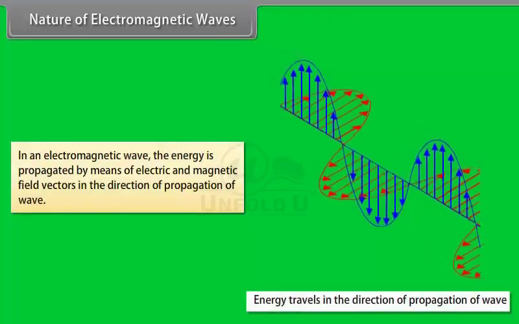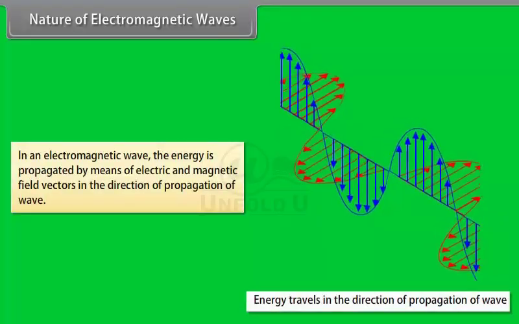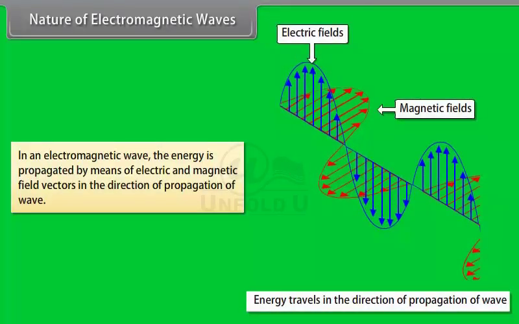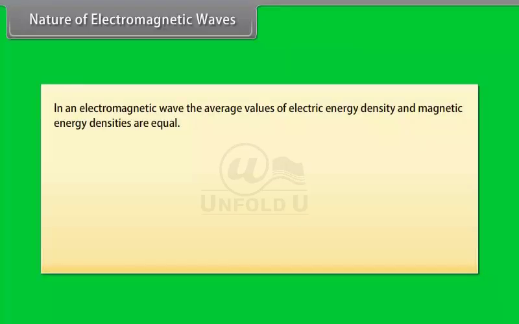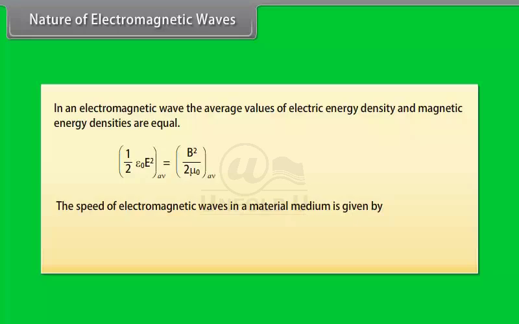In an electromagnetic wave, the energy is propagated by means of electric and magnetic field vectors in the direction of propagation of the wave. The average values of electric energy density and magnetic energy density are equal.